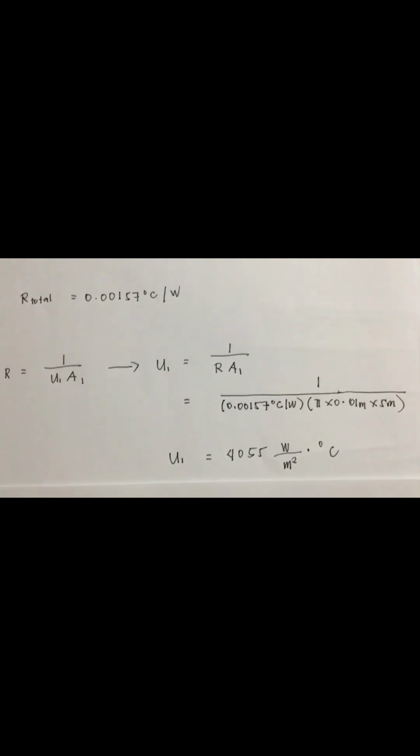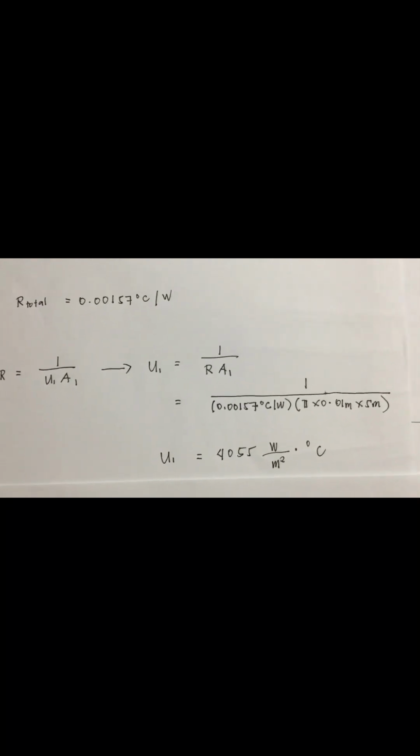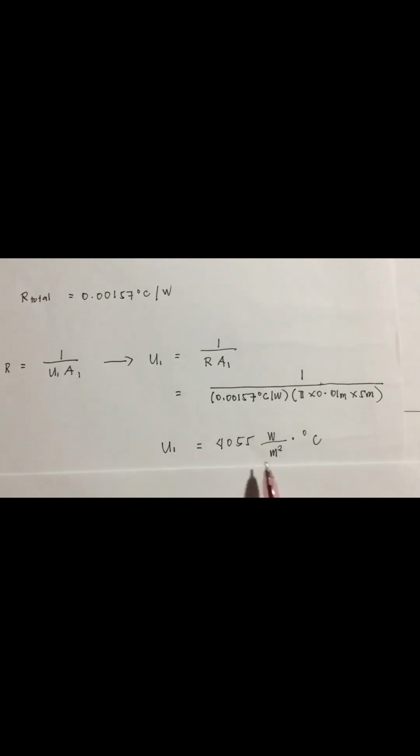So 1 over our total resistance, which is 0.00157 degrees Celsius per watt, and our area, which is pi times 0.01 times 5, and we have an answer. Our overall heat transfer coefficient for the inner surface is equal to 4,055 watts per meter squared degrees Celsius.